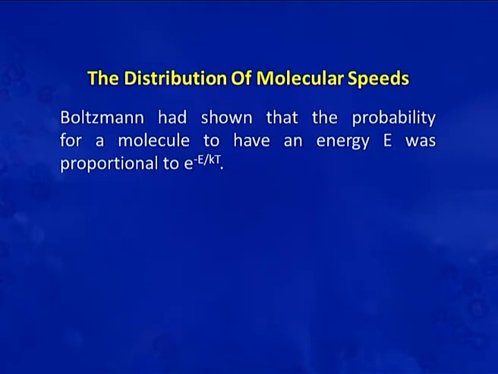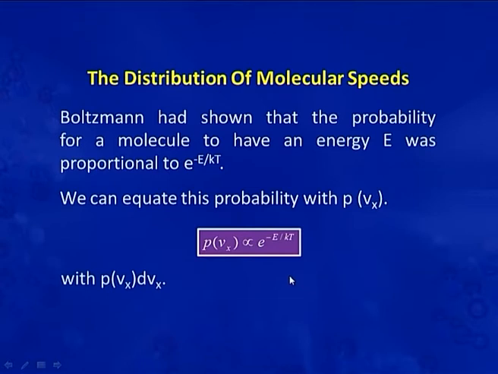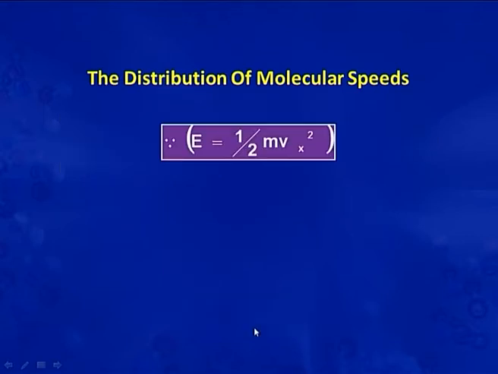Boltzmann had shown that the probability for a molecule to have an energy E was proportional to e to the power minus E by kT. We can equate this probability with P(Vx). So, P(Vx) is directly proportional to e to the power minus E by kT. With P(Vx) dVx, the equation is P(Vx) dVx equals A into e to the power minus E by kT into dVx, where A is the proportionality constant.